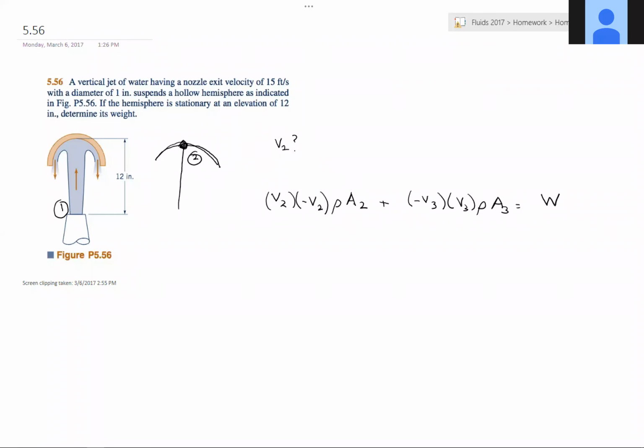And that's what makes it kind of difficult, because if you looked at this, you'd say, oh, there's a velocity coming down here and there's a velocity coming down here, but it's actually all part of the same velocity that's coming off of the umbrella. What is W? Good question. Weight. So that's what we're looking for, the weight.